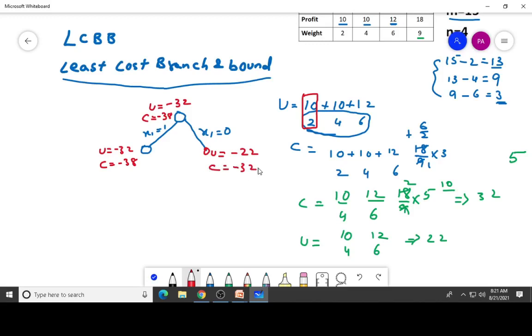So here first we are considering the upper bound is infinity. But when we get the upper bound minus 32, which is less than, so just cut this.